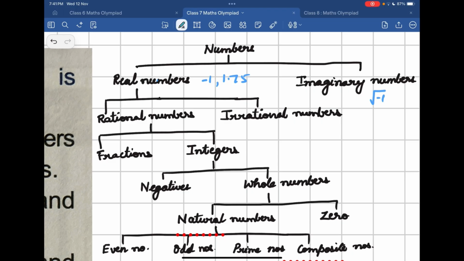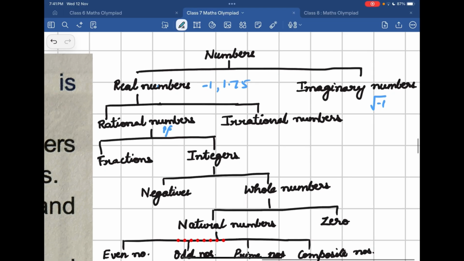Now real numbers can be divided into rational numbers and irrational numbers. Rational numbers are of the form P by Q, where Q is not equal to 0.